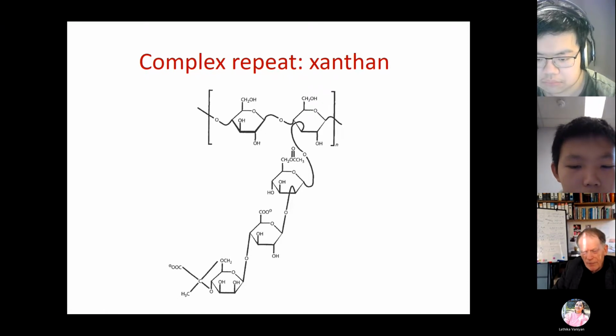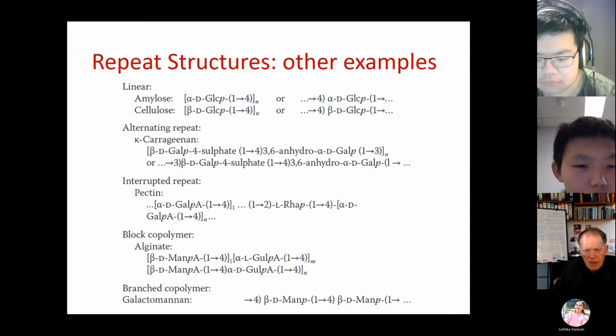And it's a microbial polysaccharide as well, with many interesting properties, largely based on its high molecular weight and thickening properties, very highly negatively charged, caused by these carboxylic acid carboxylate groups at normal pHs.